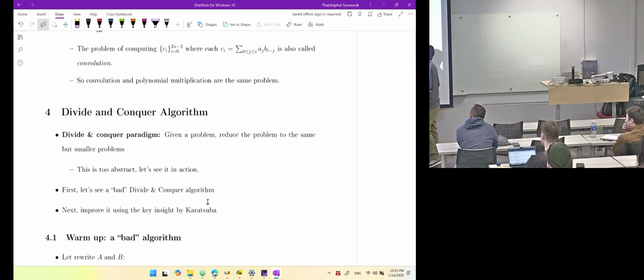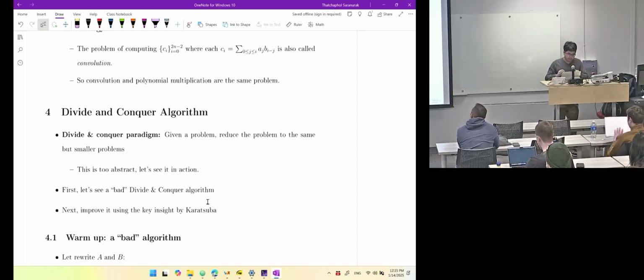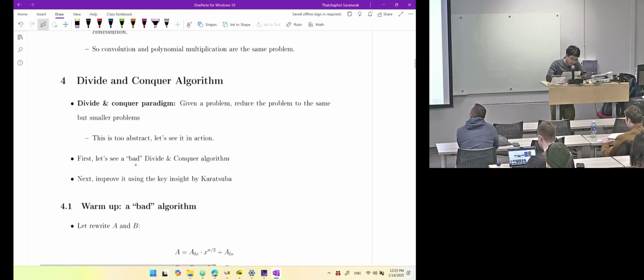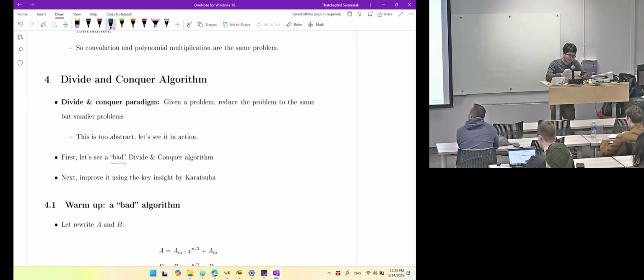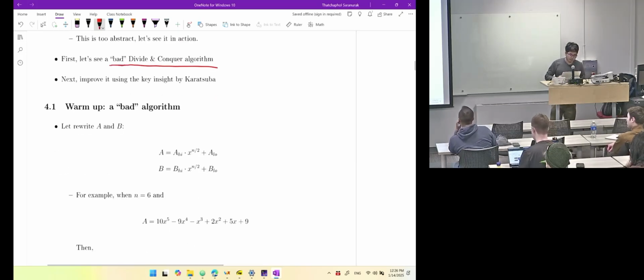This might sound a bit abstract. You might have seen some examples from your previous class, but we're going to see more today. Let's at least see an example of a bad divide and conquer algorithm, and then we try to improve it.